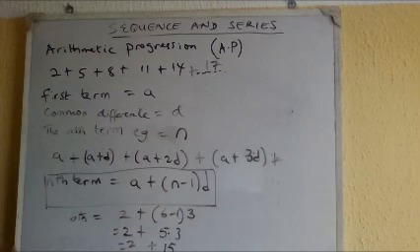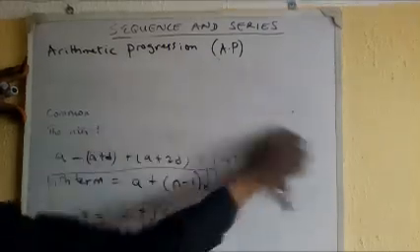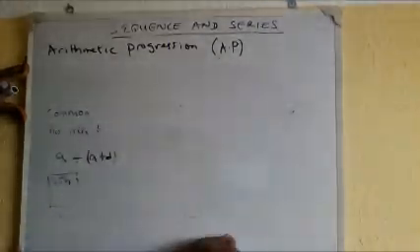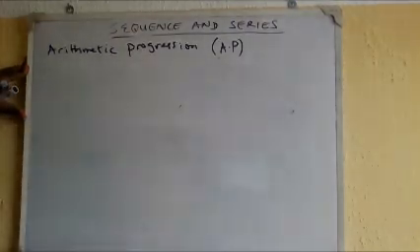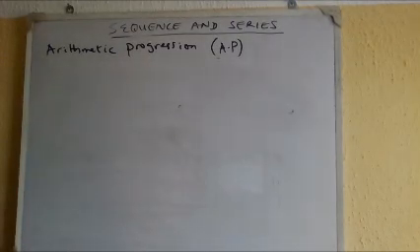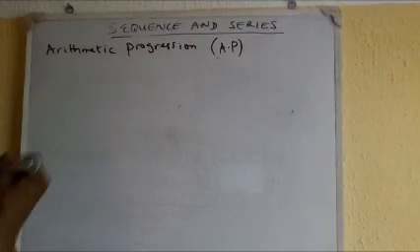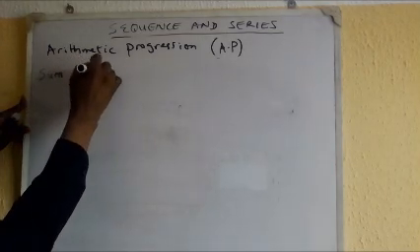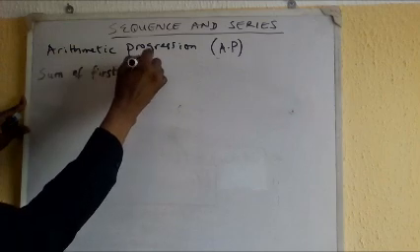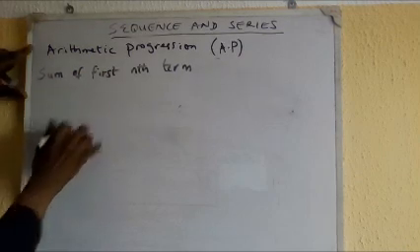We are going to derive a formula, or I will give you a formula, that talks about the sum of all the terms, or the specified number of terms. So the sum of the first n terms formula.